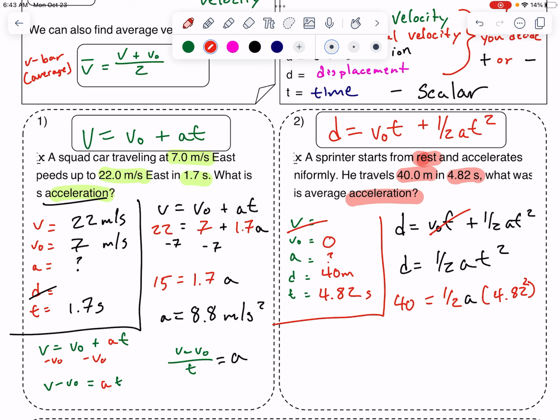You can just go ahead and solve this here like this. Alternatively, for me, I actually prefer rearranging my equations like this. Go ahead and multiply both sides by 2, and so I get 2d equals at squared.